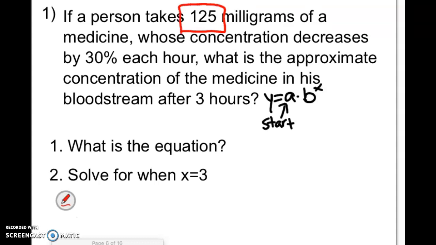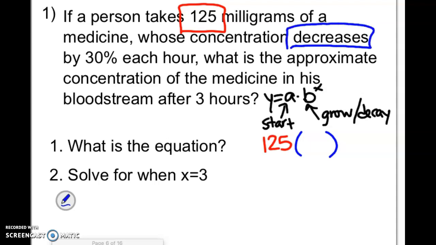That's where we start. And then we want to decide, is it growing, getting bigger, or is it getting smaller? Growth or decay? And by how much? Whose concentration decreases, so that's an important piece, by 30%.